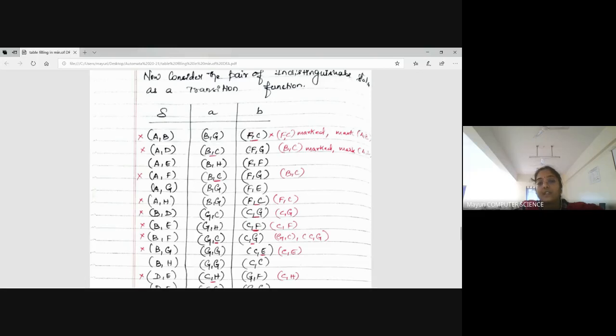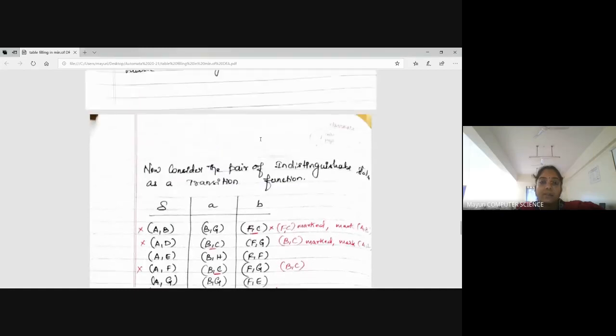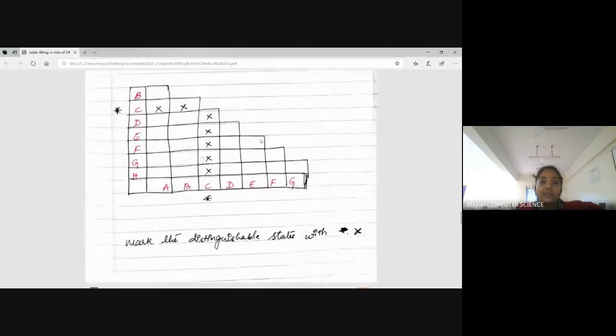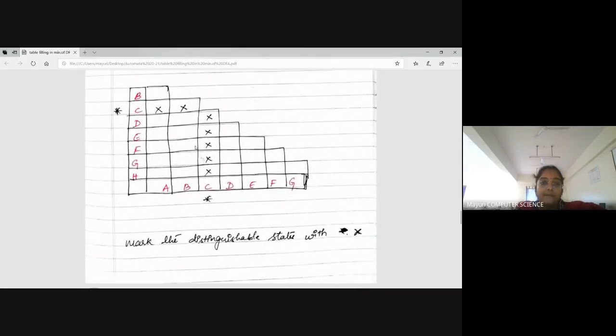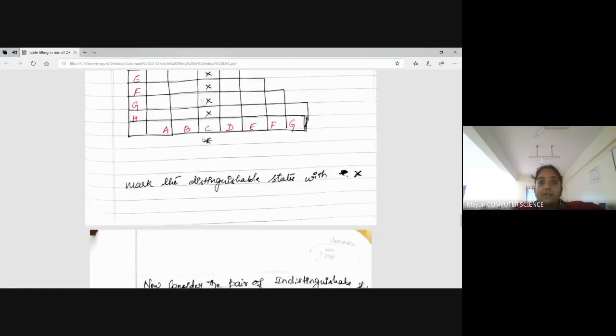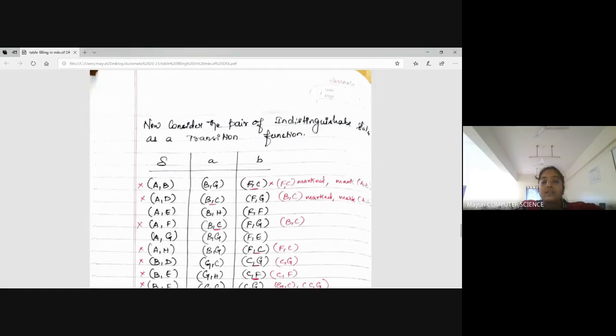F is a non-final state, C is a final state. I have marked that in my previous table. FC is distinguishable, right? So since FC is marked as a distinguishable state, AB is also a distinguishable state.